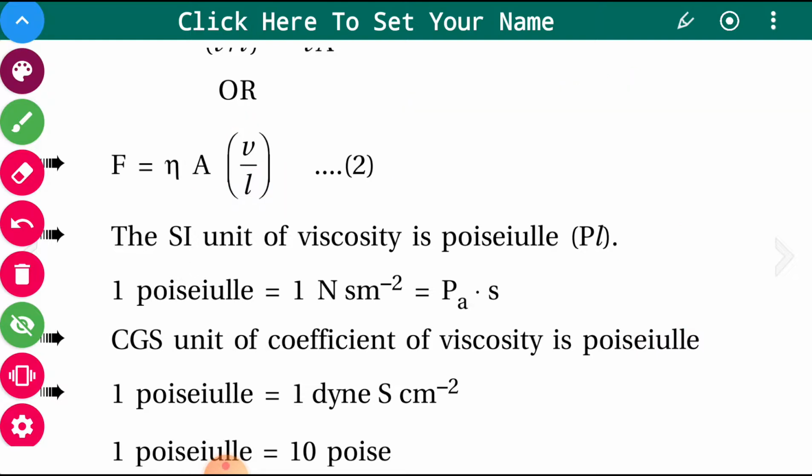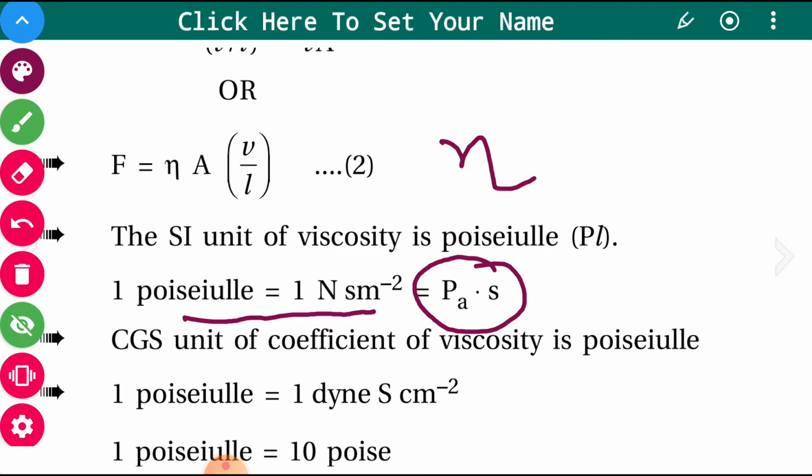The SI unit of viscosity is Poiseuille. 1 Poiseuille is 1 Newton second per meter square, or Pascal second. That is the unit of eta.